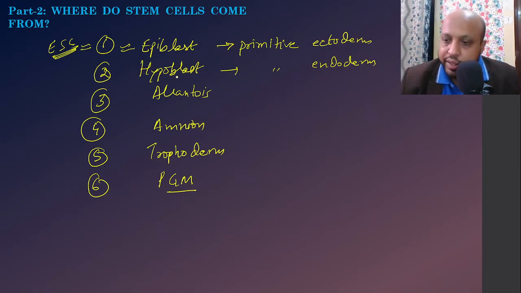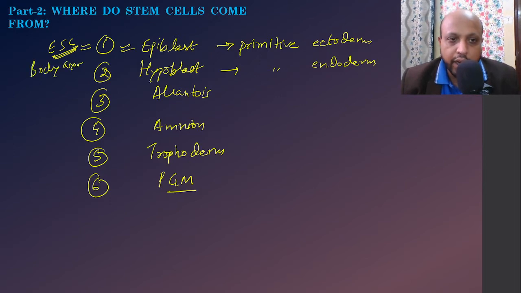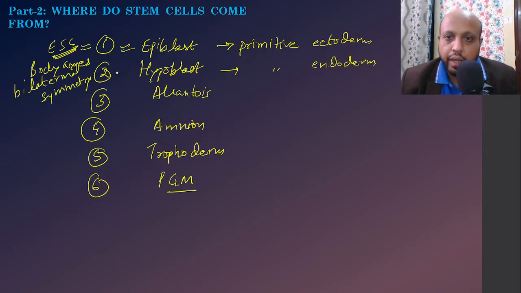The hypoblast is involved in body axis determination. They are also important for bilateral symmetry. And as I said, they are primitive endoderm and this is primitive ectoderm.